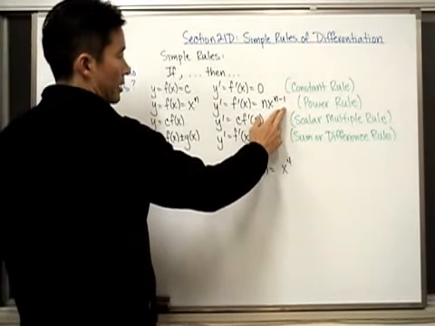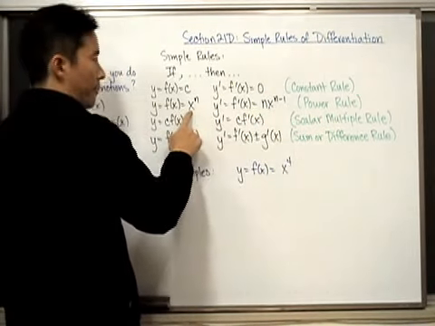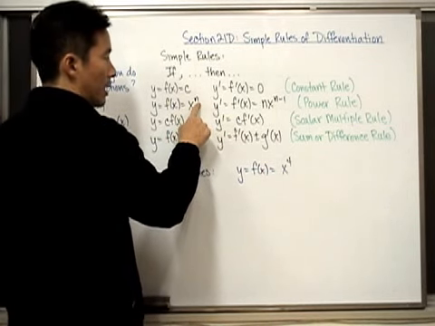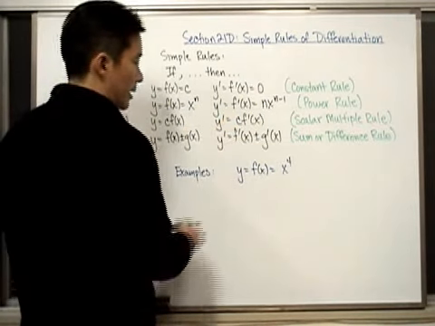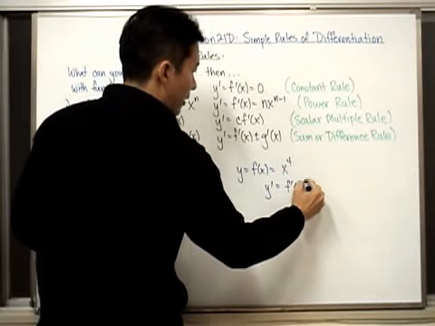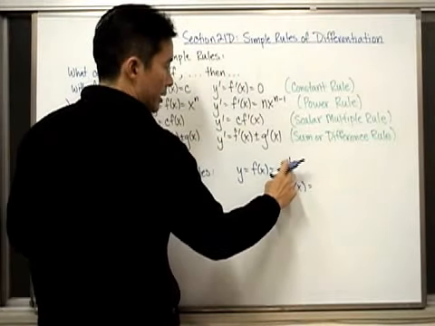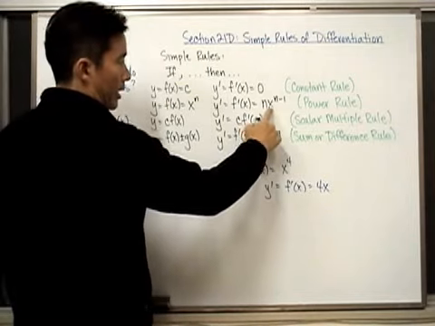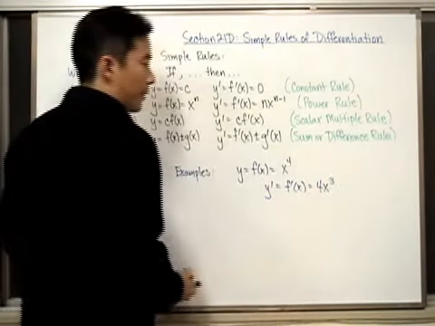In order to take the derivative of this, which is no longer a constant but a variable raised to an exponent, in this case 4, y prime, which is equal to f prime, is going to be 4x, because you take that exponent, which in this case is 4, and the exponent becomes 1 less. So that's going to be to the third power.